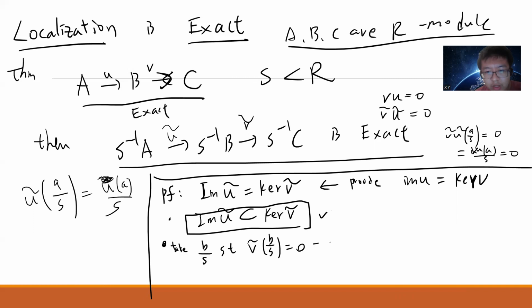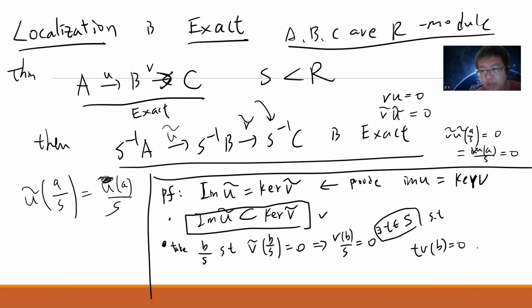This means that V of b divided by s is 0. So there's a t belonging to S such that V(b)t is 0, which is the same as V(tb), because V is a module homomorphism.